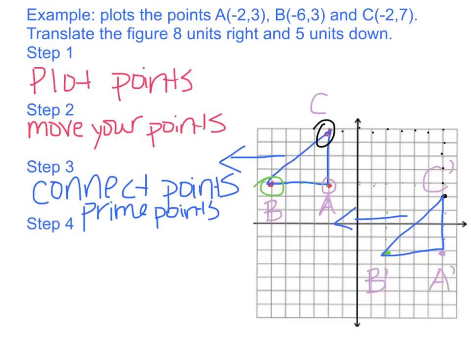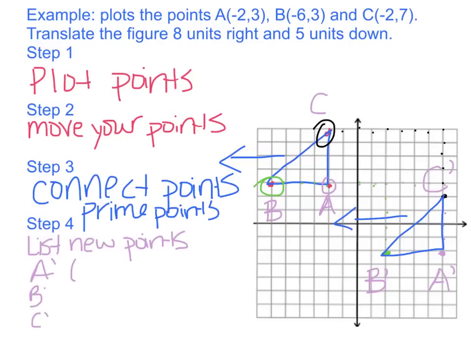Step 4 is going to be to list your new points. And so that's going to be, and we want to do it in order A, then B, and C prime.